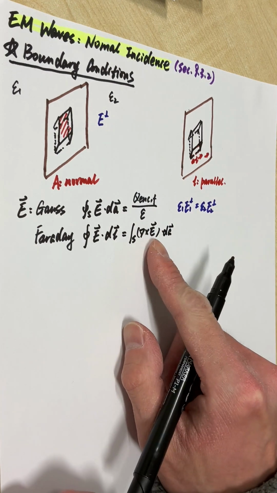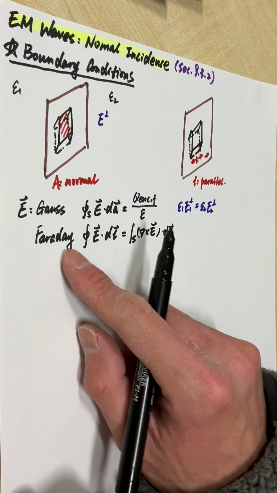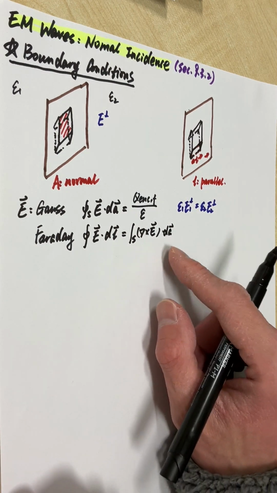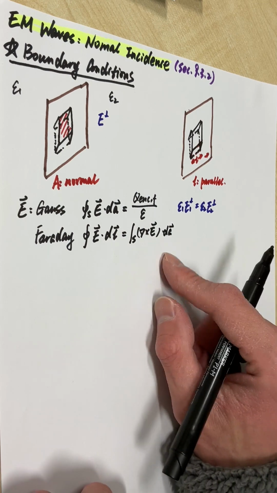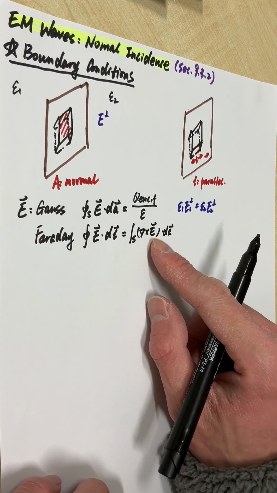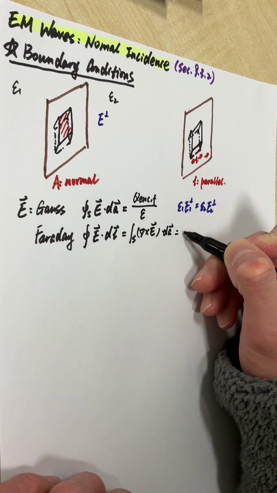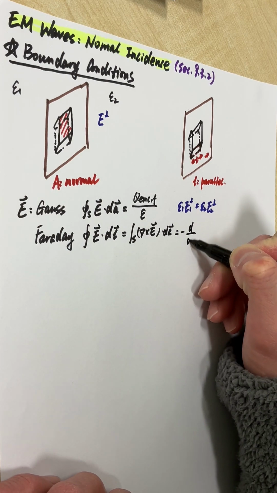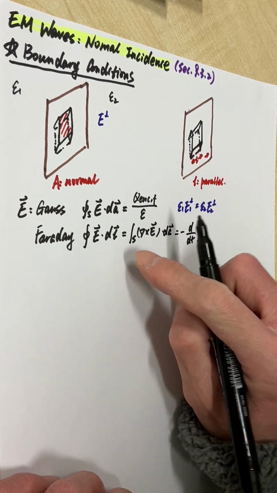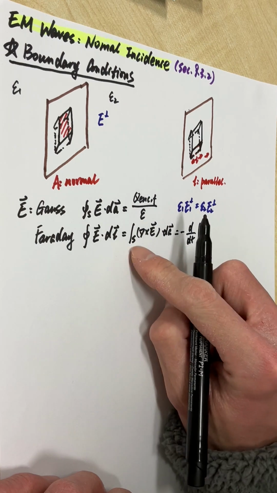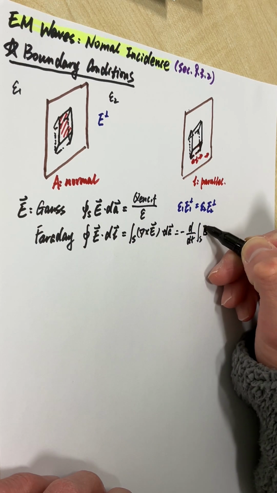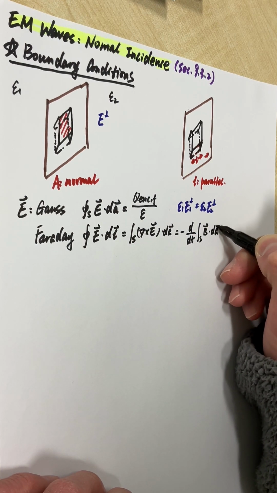And then Faraday's law tells us that the curl of E equals minus dB/dt. So the varying magnetic field generates an electric field. So we have minus d/dt, and we still have the surface integral from here, and then we have the magnetic field B dA.